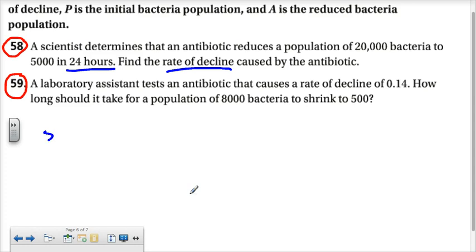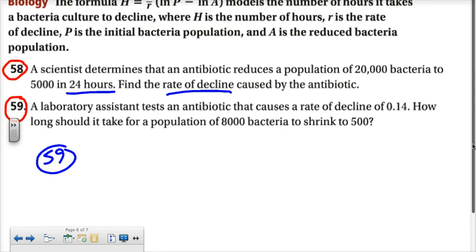So in 59, I take a different look at this formula and say, okay, let's see, how can I get stuff to be a little bit easier to punch in here? And it was h equals 1 over r times the natural log of p minus the natural log of a.